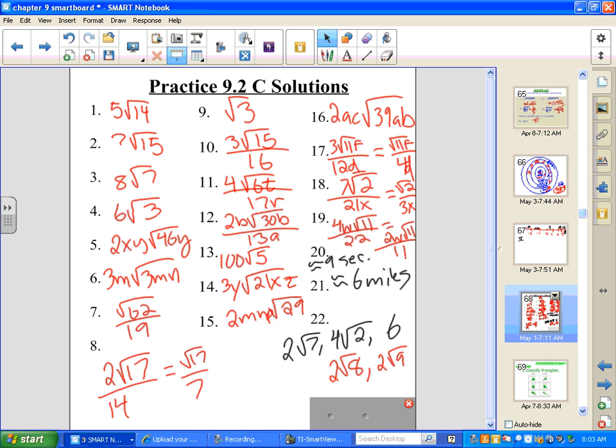So, Annalise. And do you see the pattern, Annalise? No, it's what I have up here. So they all have a 2 in front, and then inside the radical is the next number. Did you figure out the pattern?